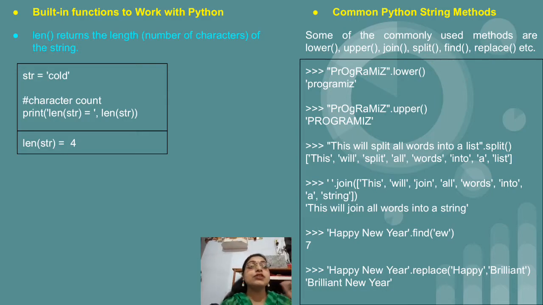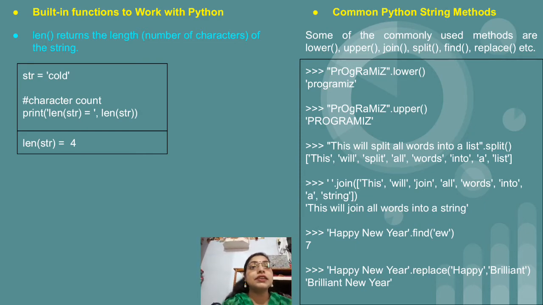After that, the next function is the find function. Find means if you want to search for a specific word or specific character, for that purpose we can make use of find. So find will give you the index value where we found that particular word. Happy new year, this is our string, and in this string we want to find EW. EW is present in the word new.